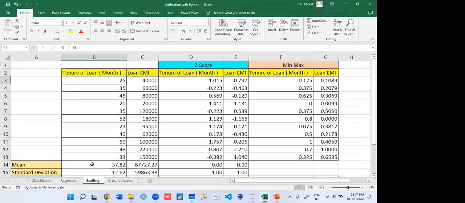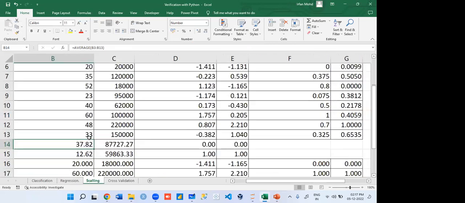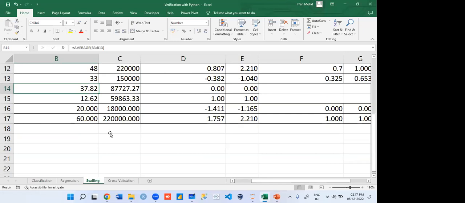What is the mean value for tenure? 37 point something. Clear, this is your mean value, and this is your standard deviation, 12 point something. Solve this and give me the number.